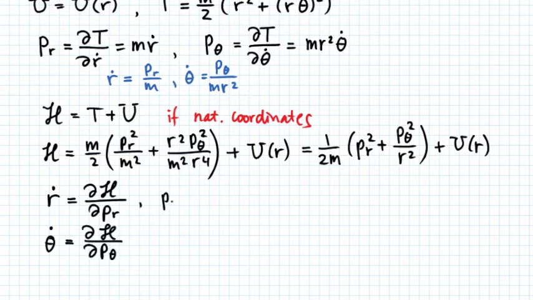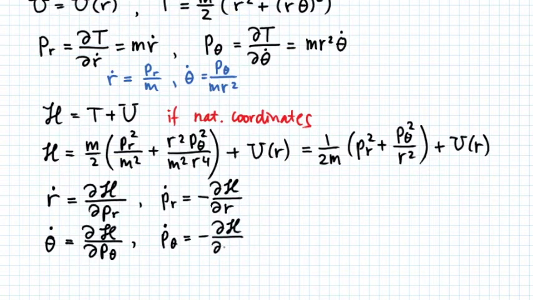Then the radial component of the momentum dot will be given by the partial derivative of the Hamiltonian with respect to r, and the theta component of momentum will be given by the partial derivative of the Hamiltonian with respect to theta. So we have our Hamilton's equations.